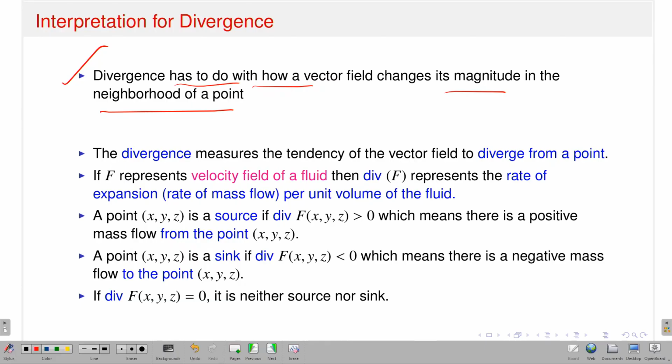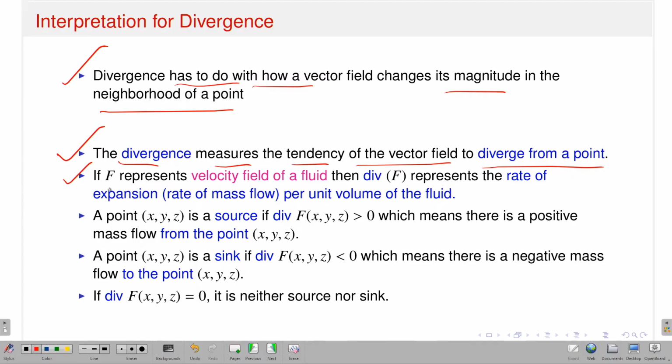So, that means if I take a neighborhood around that point, divergence will tell you how the magnitude of the vector field changes. Number 2, the divergence measures the tendency of the vector field to diverge from a point.